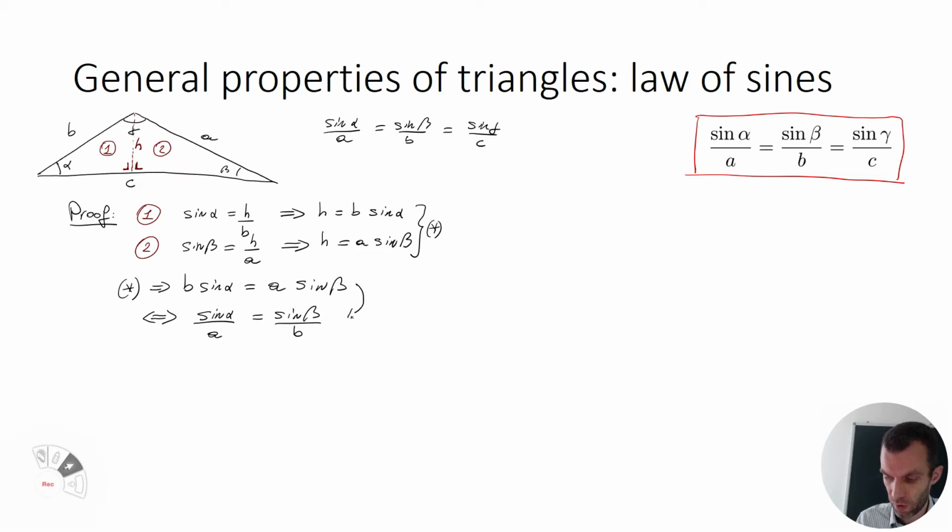So in order to go from this to this, you divide by ab, and since these are the sides of a triangle, they're different from 0. So that gives us half of our formula. It gives us this part. But now let's prove the other half as well.